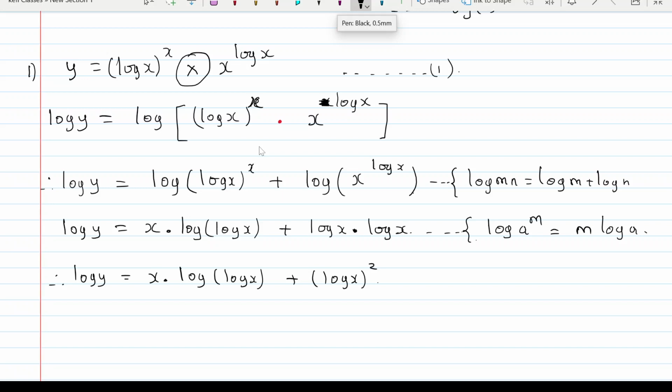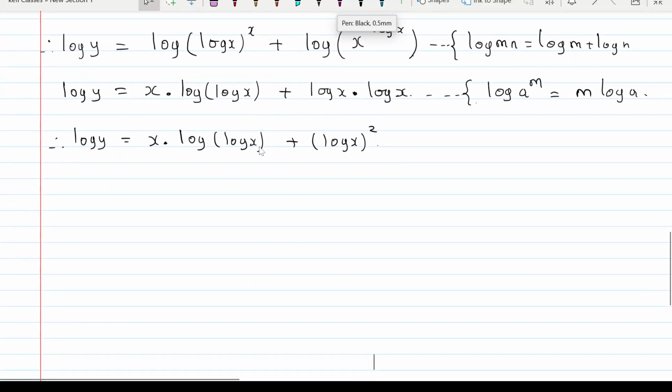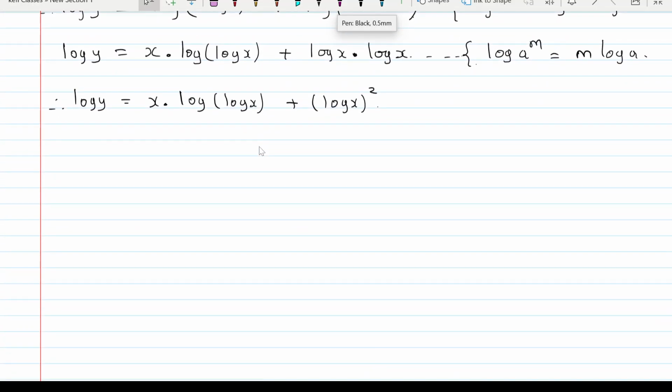Again, so we have used all laws of logarithms. Now what do we have to do? Derivatives. But this problem and what I do after this, make sure you understand the difference.